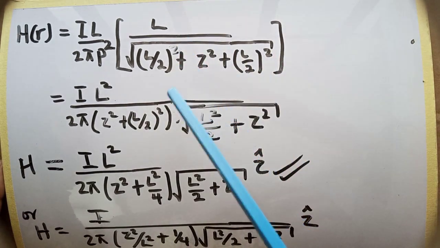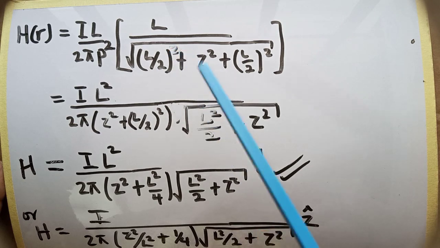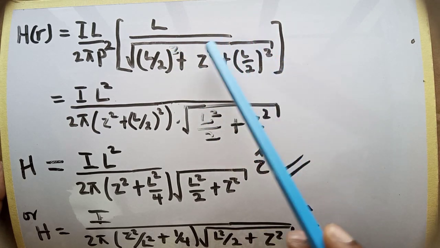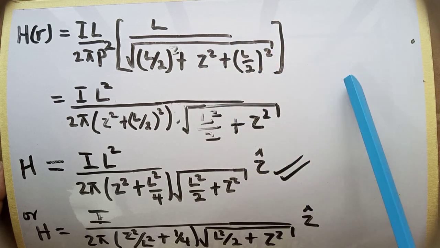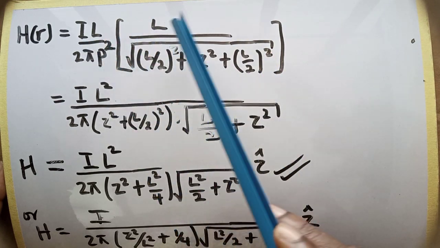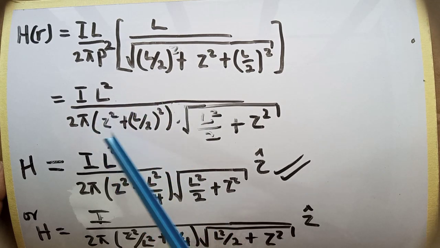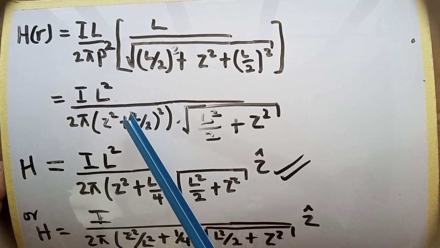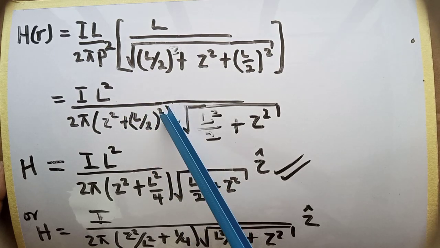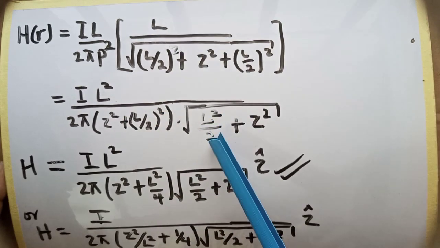So we now have L over 2 squared, Z squared. So I've already substituted back my P squared into this expression. Now we have L squared, which is this, 2 pi multiplied by, remember our P squared is Z squared, L over 2 all squared, square root of this expression.